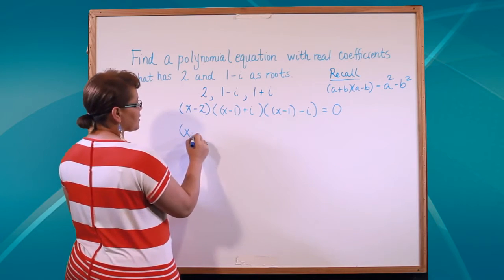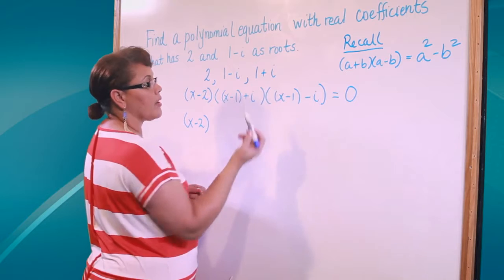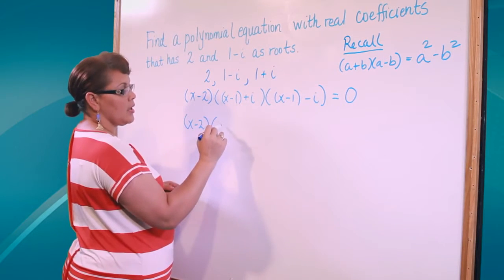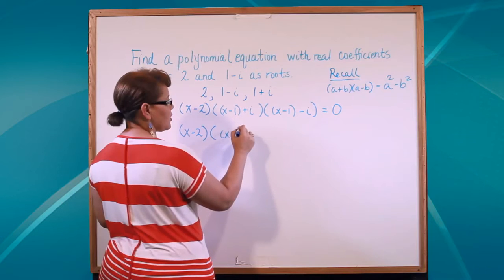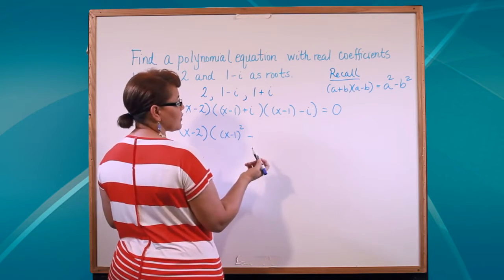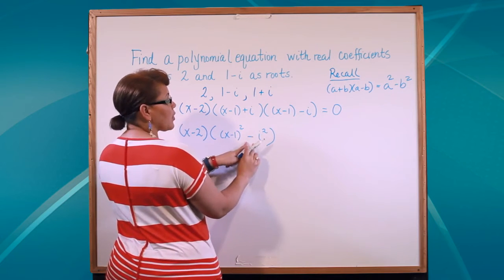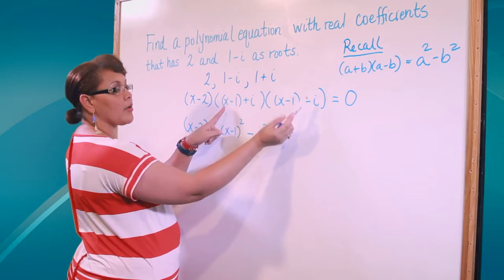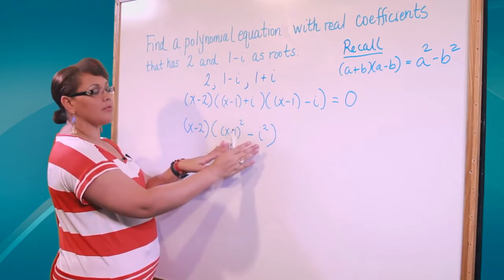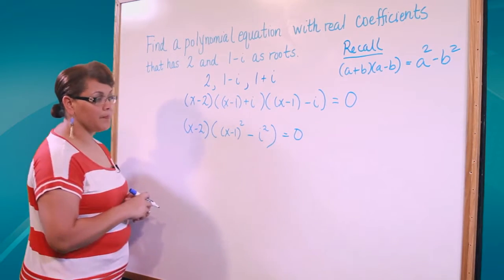So bringing down x minus 2 and now using my formula for the conjugate pairs, (x minus 1) times (x minus 1) is (x minus 1) squared minus the i squared. And again, I don't have a middle term because when we FOIL the outer and the inner, those 2 terms cancel out, which is why we have 2 terms left. And then we bring down the equal 0.